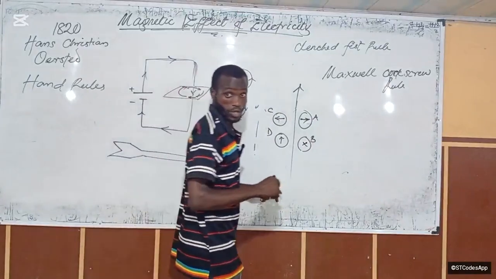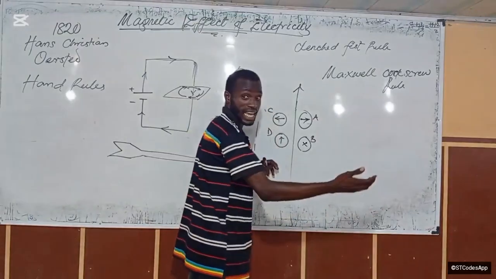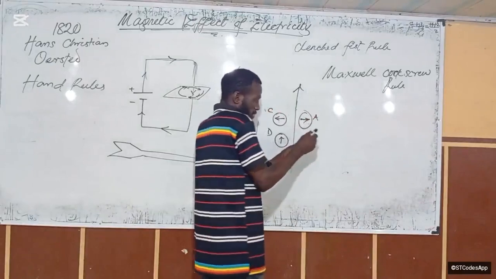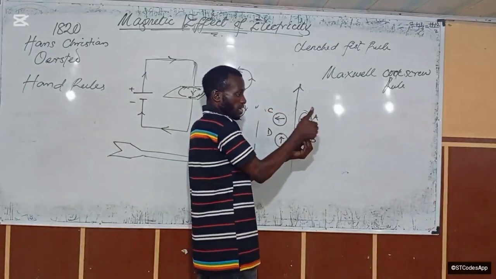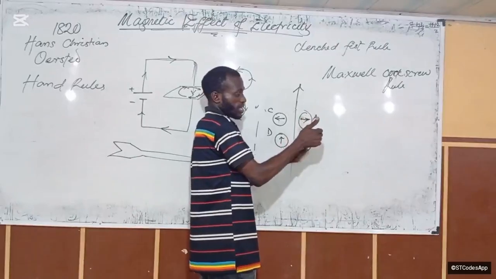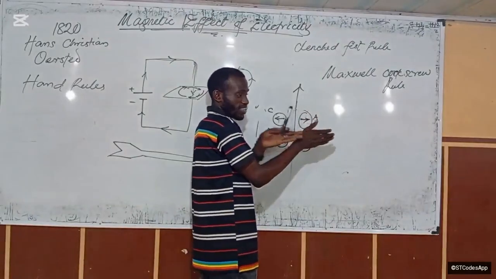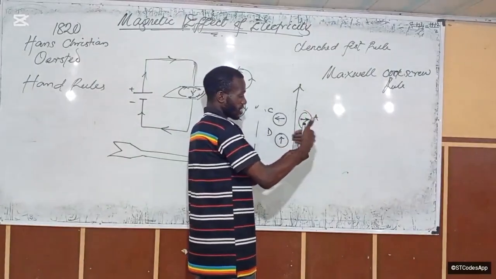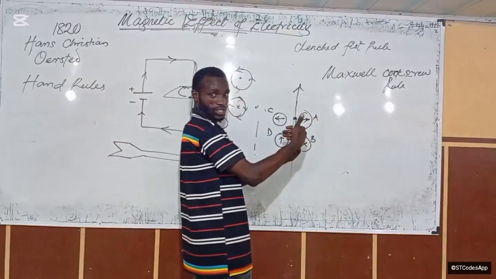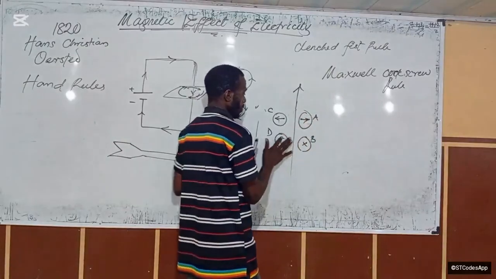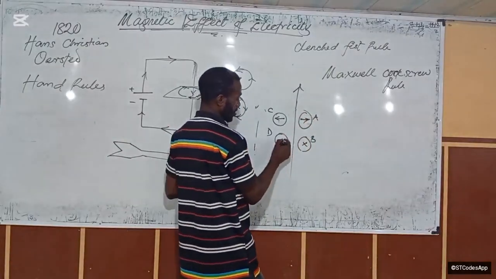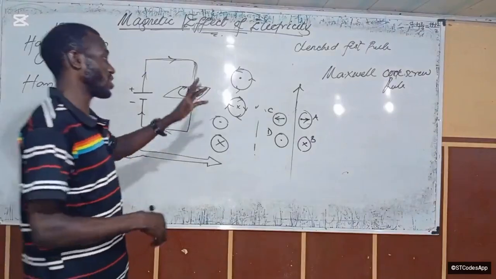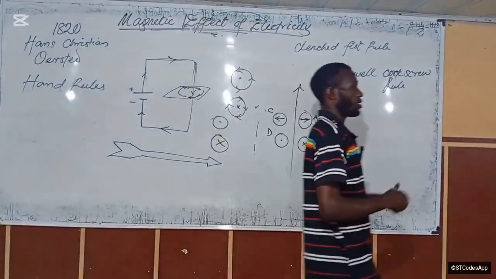Compass B is on this side, on the right side. So on the right side, where is the magnetic field going? The magnetic field is going into the board. If you look, this is our wire. The magnetic field is going into the board. Does that make sense? So A, you see? B into the board, C in this direction towards me, D will come out. Do you now understand? All right. So this is the arrangement of the magnetic field around that wire.